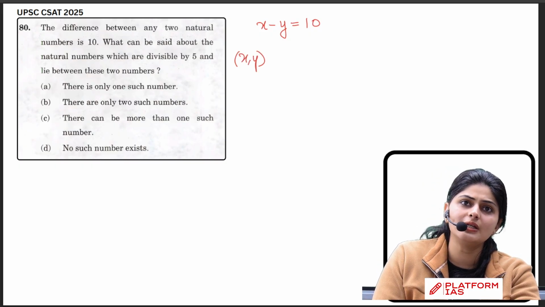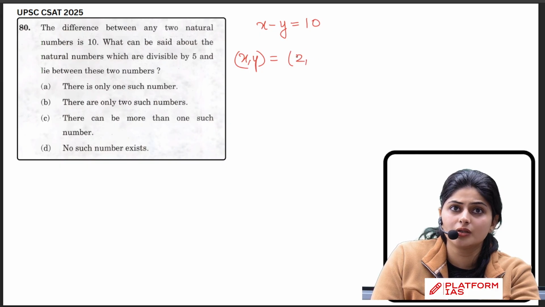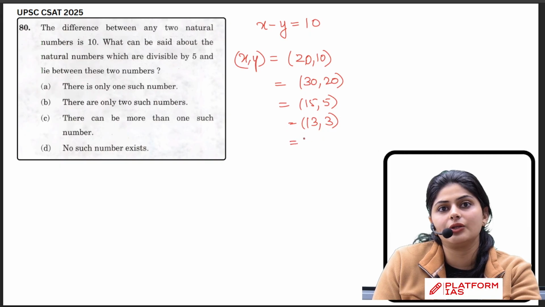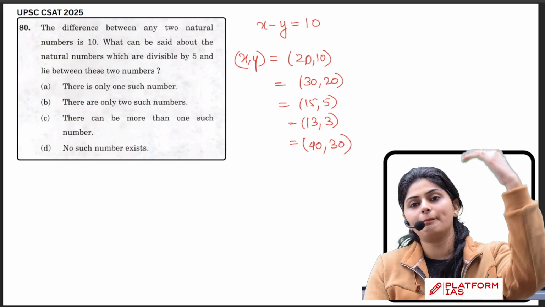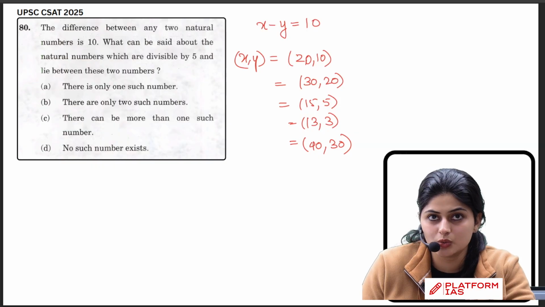We'll write some of them: you can have 20 and 10, 30 and 20, 15 and 5, then 13 and 3, then 40 and 30, because no upper limit is given to you. So there are many solutions for x minus y equal to 10.